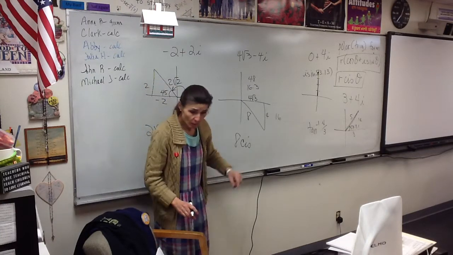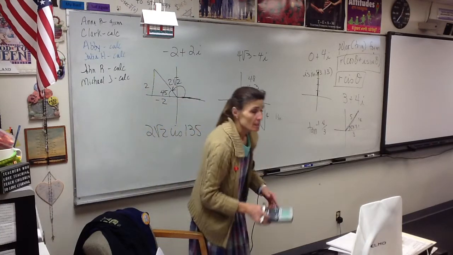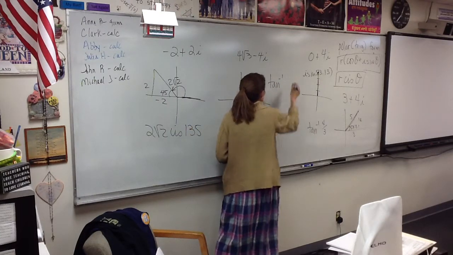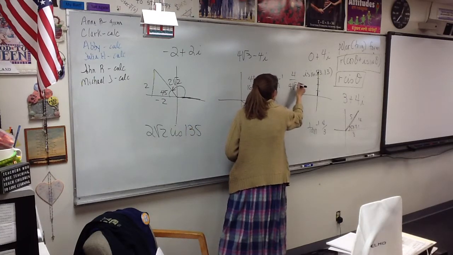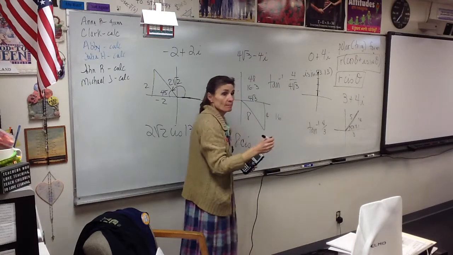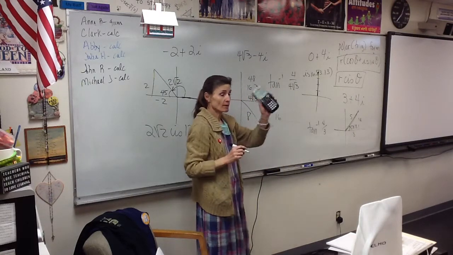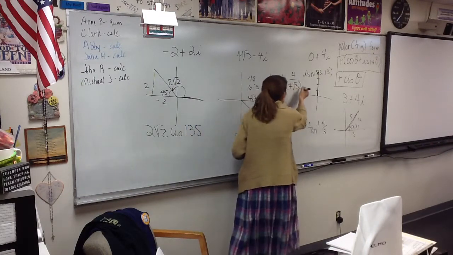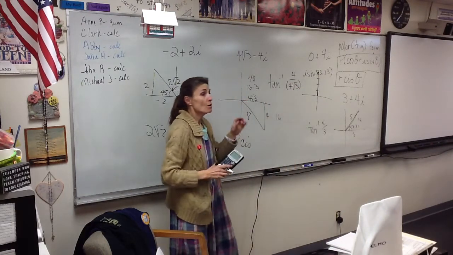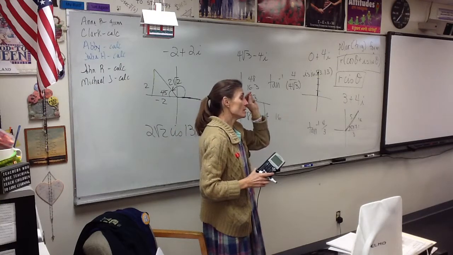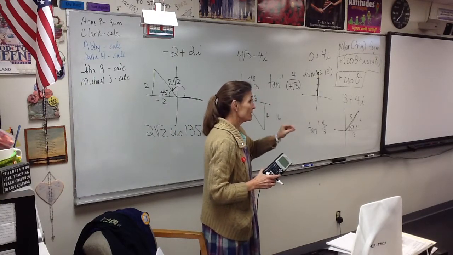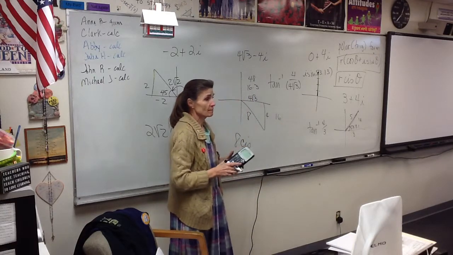Now, this is where we ran into trouble. We know we're going to take the inverse tangent of 4 over 4 root 3. You don't need to bring the root 3 up, because you're going to put it in the calculator. But you do need to put the denominator in parentheses. When you divide by more than one thing, make sure it's in parentheses.